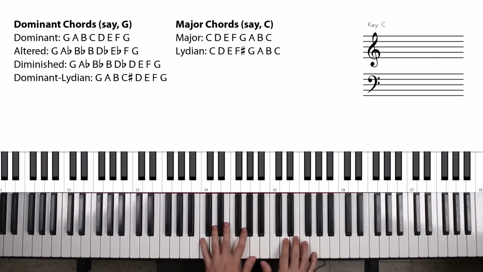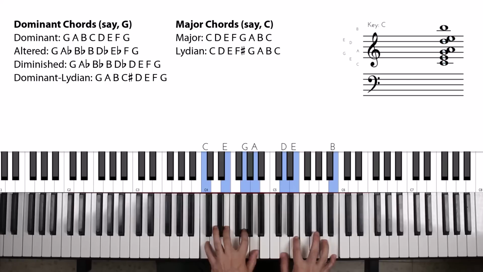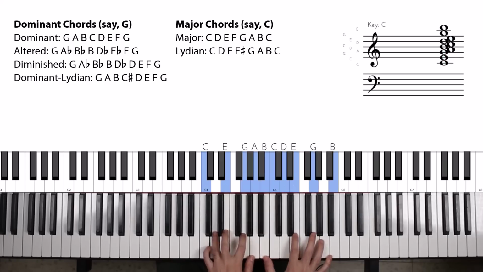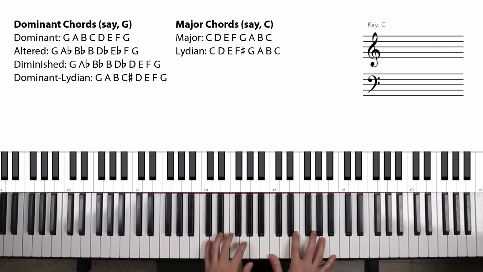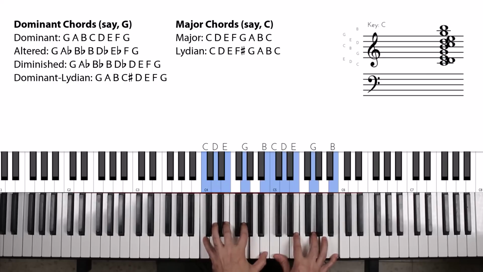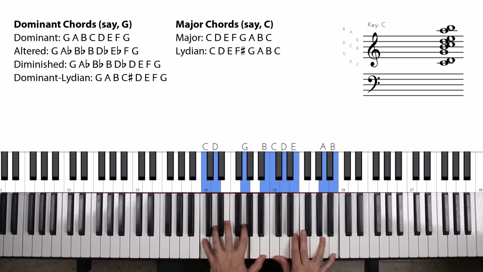If you're not sure what you're doing, don't play it. But you can see pretty much any other note fits in with a C major chord. You know, just hitting notes almost randomly, making sure to avoid the 4th, which in this case would be the F.